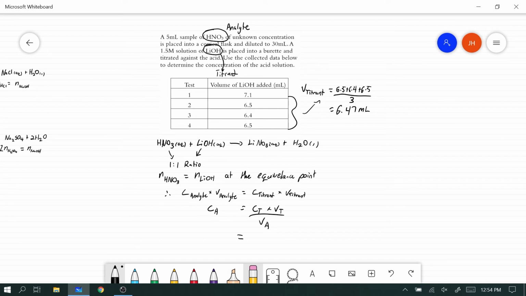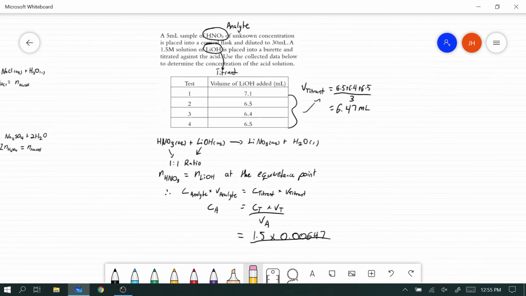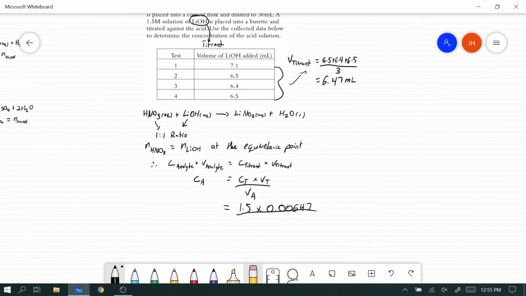So that's going to be on the top 1.5 times 0.00647. That's going to be in litres. We then need to look at our volume of analyte. It's not 5 mil as is displayed here. What we know is that the solution was diluted to 30 mil. So the total volume in the flask to begin with was 30 mil. So we're going to put that in.